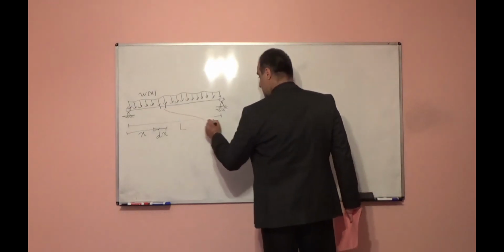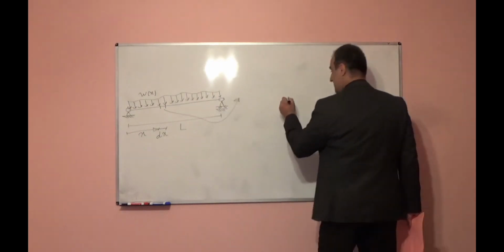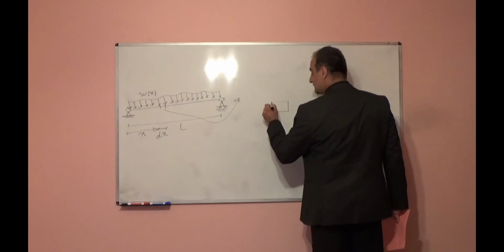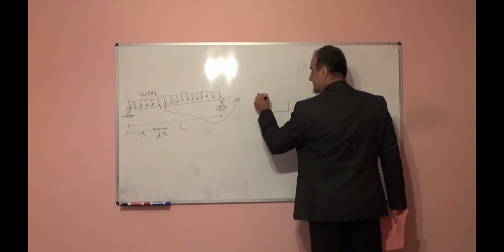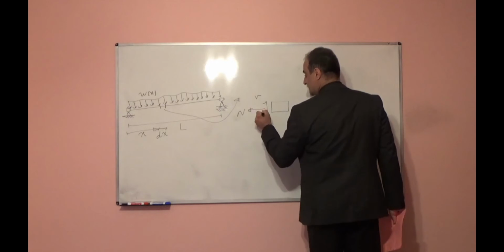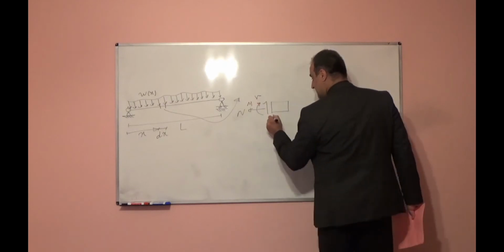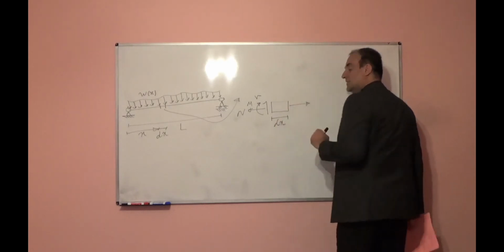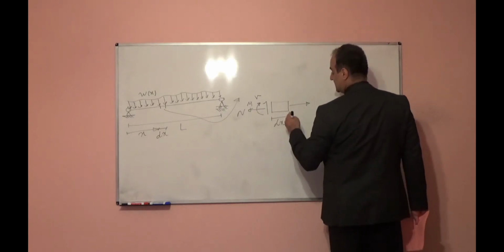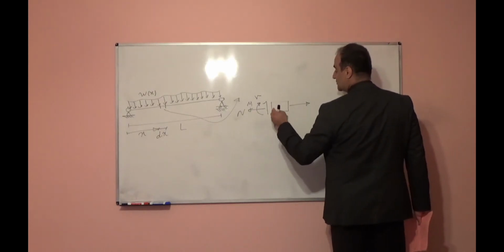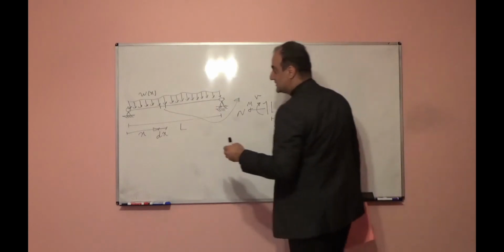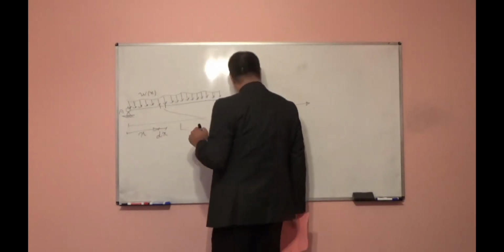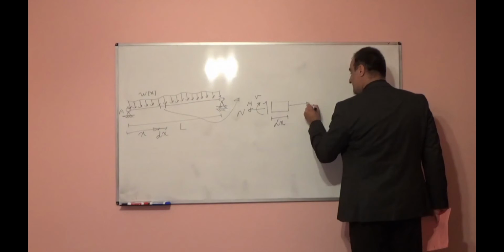If I draw the free body diagram for this small element, I have the beam with internal forces: shear force, axial force, bending moment. The length of this element is dx. On the other side, because of this variation in length, the section distance from point A is x on one side and x plus dx on the other. So the internal forces will vary by a small amount.